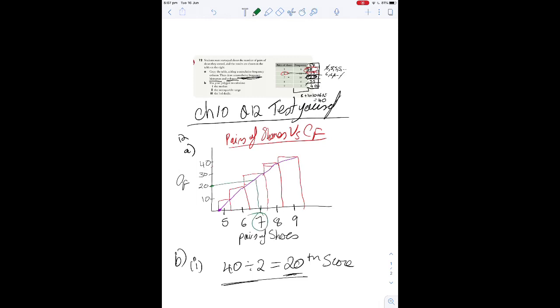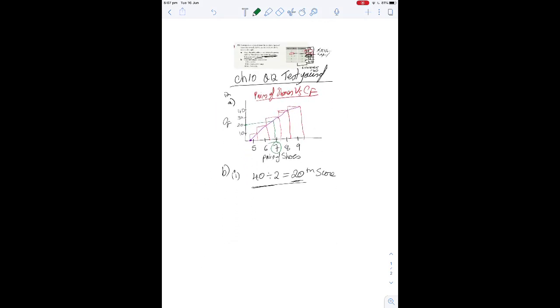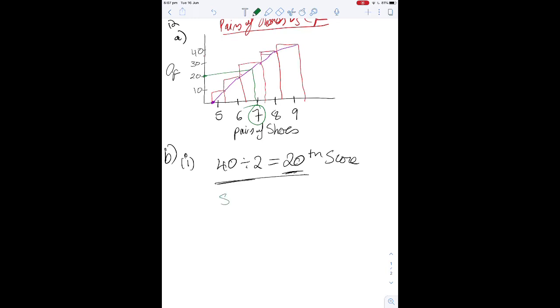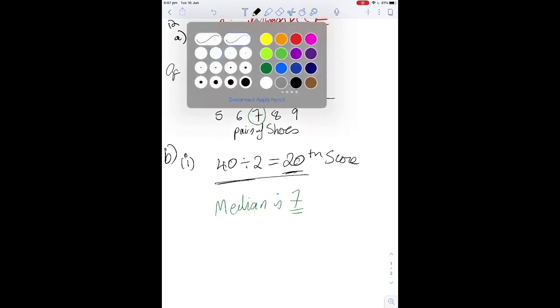Look at that. Even though I was bodgy, it's still going to work out all right. Okay, my median rather, is 7. Okay, let's go to the next one.